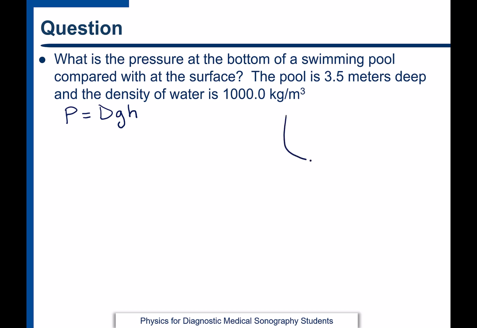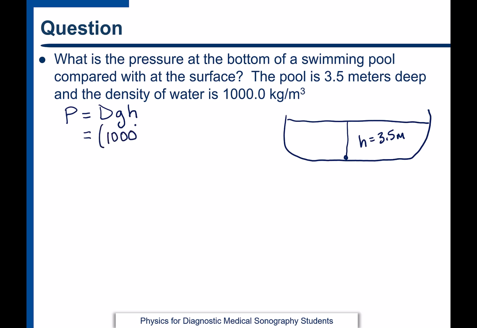So here's my swimming pool, and the water level is up here, and I'm going down to the bottom of the pool where the depth is 3.5 meters. So we can just plug our values into the formula. The density is 1,000 kilograms per meter cubed, g is 9.8, and the height here is 3.5 meters.